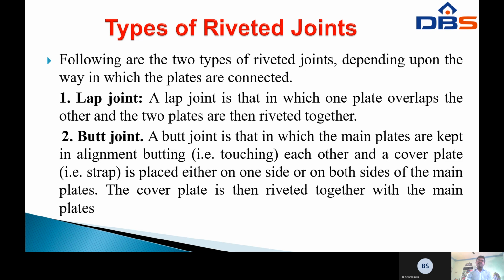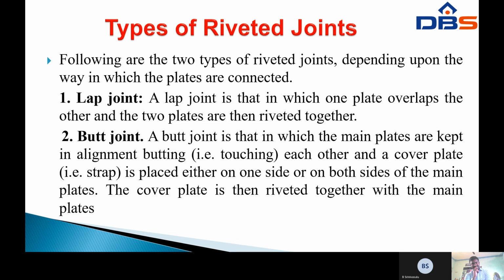One plate overlaps the other, and the two plates are then riveted together. Next one, butt joint.